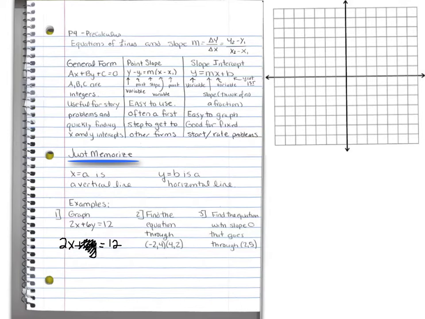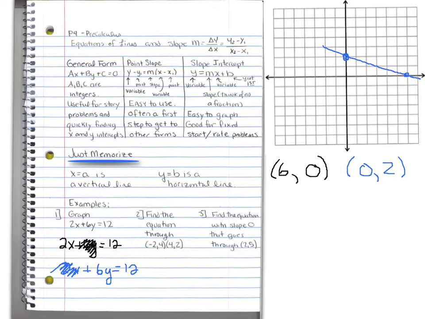So you end up with y value being 0 and x value being 6 because 2 times 6 is 12. Next, you write the same equation, 2x plus 6y equals 12, but in this instance, you're going to make the x value 0. So x is 0. Imagine I get rid of it. 6 times 2 is 12. So the y value is 2. With a y value of 2 and an x value of 6, it's pretty straightforward to make the graph.